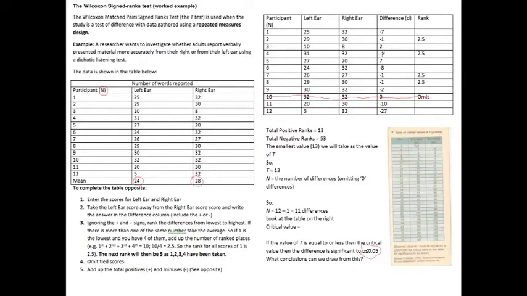The lowest score we have is 1, and we have 4 of these. We can't give them all the rank of 1, so we have to take the average.